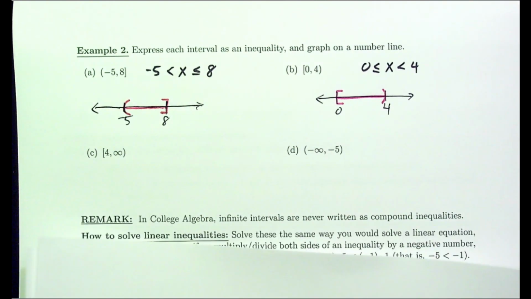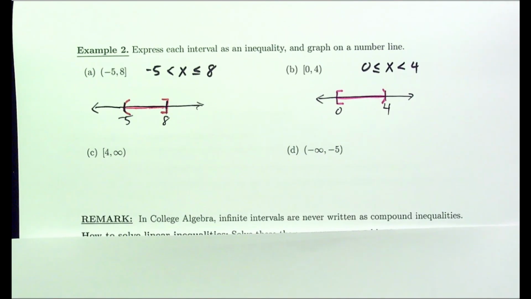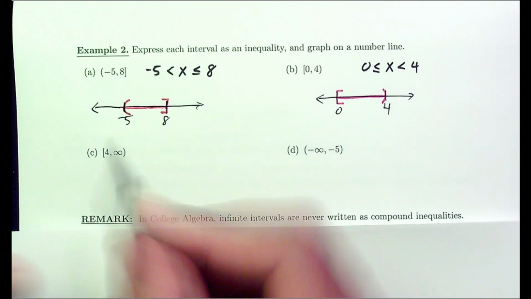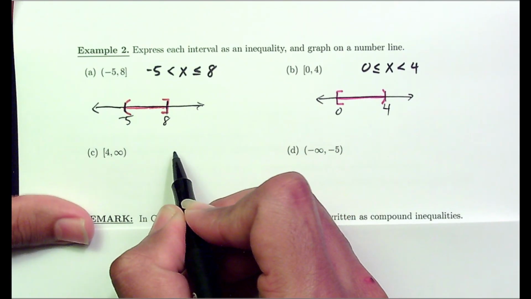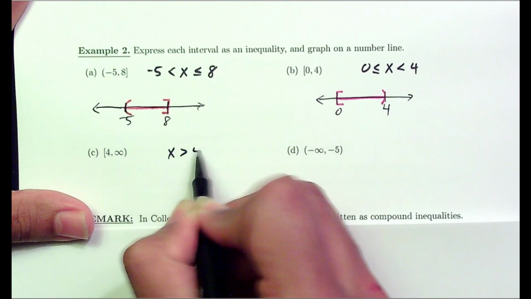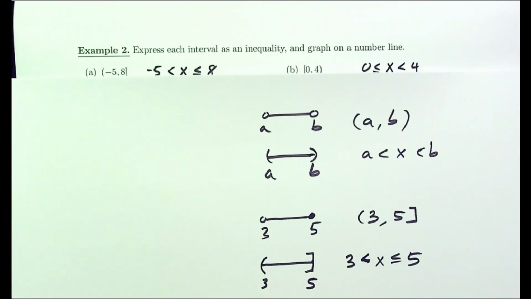Okay, the last two are examples of unbounded or infinite intervals. So this would be all numbers bigger than or equal to 4. Normally we do not write that inequality like this.